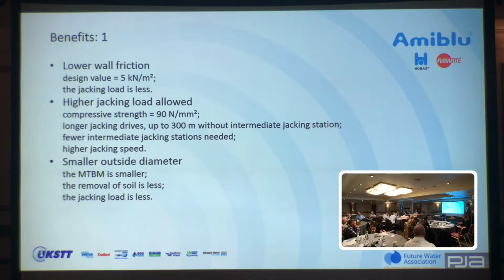Also with the closed joint situation, we have more closed joints than other materials. In the larger diameters we can do longer jacking drives, up to 300 meters. Whether it's smart to do that without an intermediate jack station is something else, but in theory we can make a jacking of 300 meters.